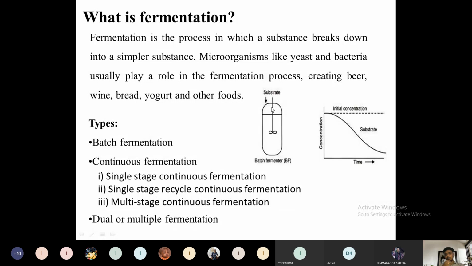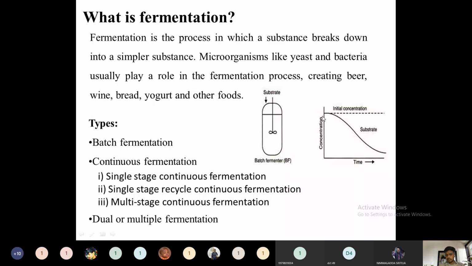That is nothing but natural gas, or biogas. The biogas will be released in this head space, collected through a pipeline and sent to the purification channels. That is the example for the solid fermentation process. Biogas is the example there, and for the liquid fermentation process, ethanol is the example.